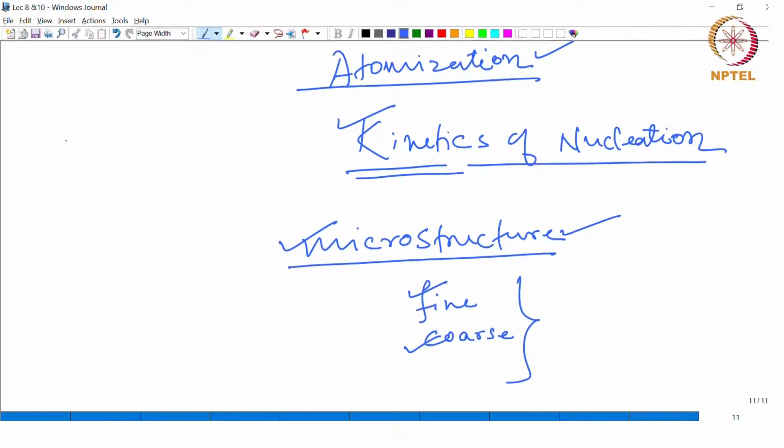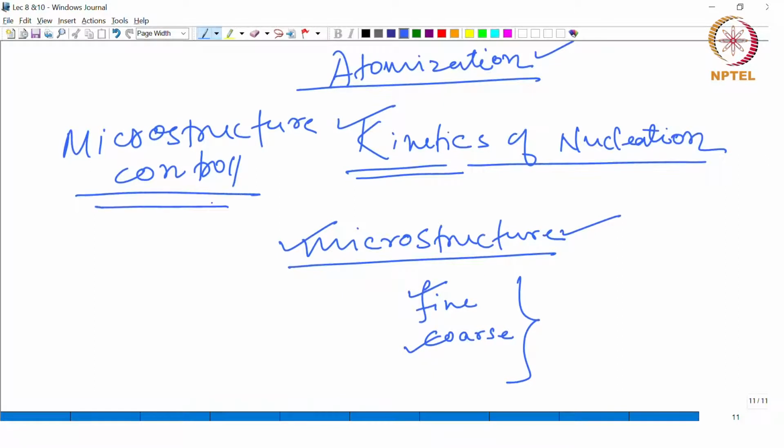So, that will give us an opportunity of controlling the microstructure in the atomization process.